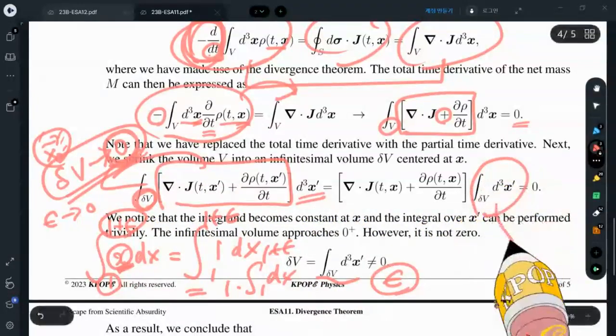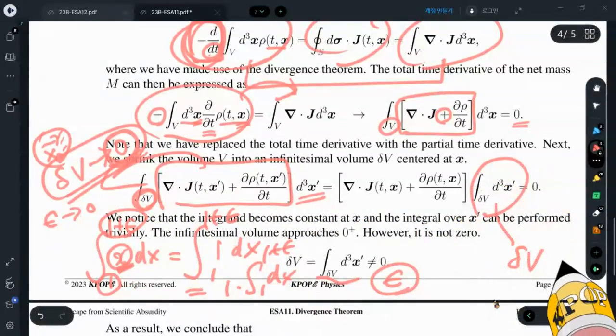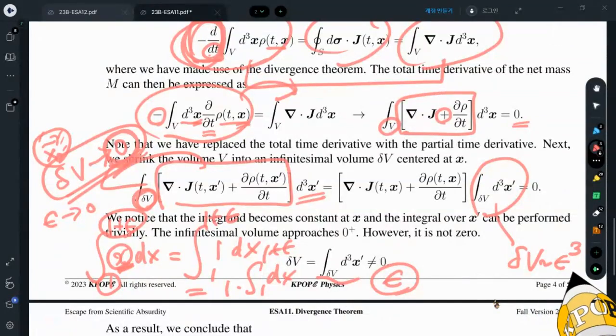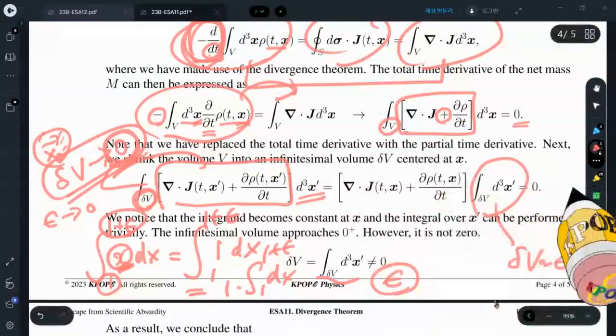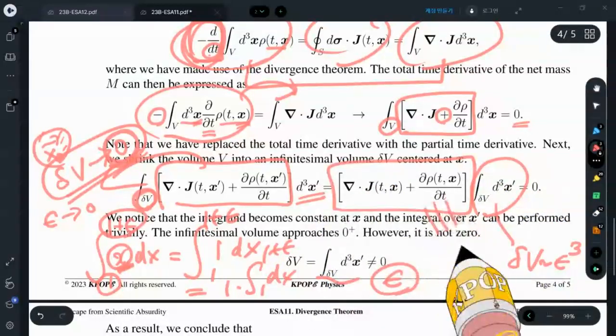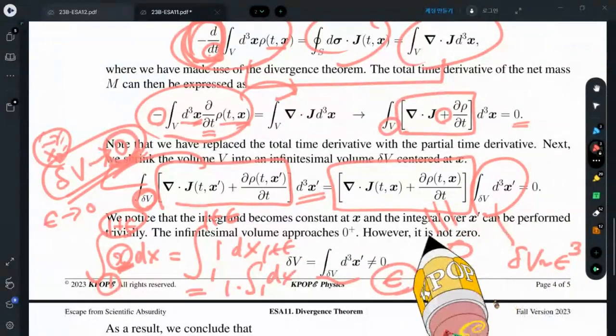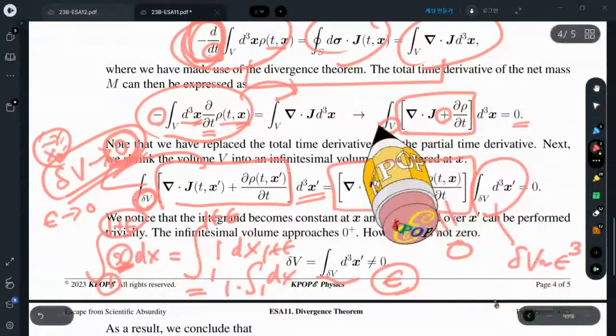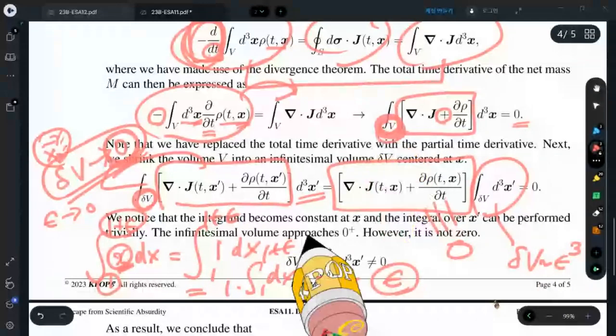This volume is very, very tiny if the volume is of scale epsilon cubed. However, it is not 0. We take the limit as epsilon goes to 0, but the limit does not mean we substitute epsilon as exactly 0. So the product is a tiny number times a constant, and this constant must be exactly 0 because this relation is for any kind of volume.